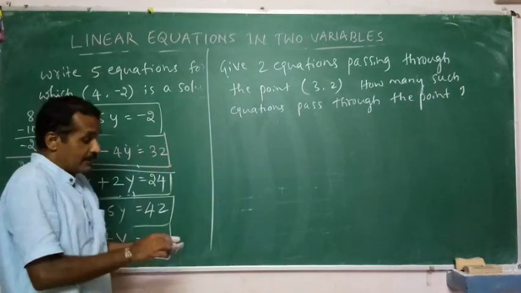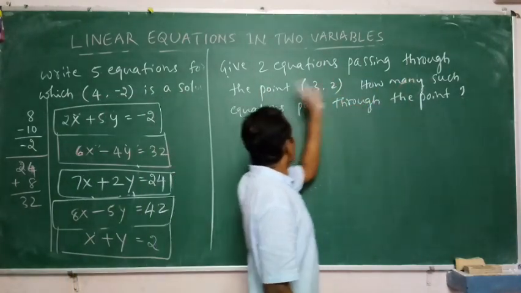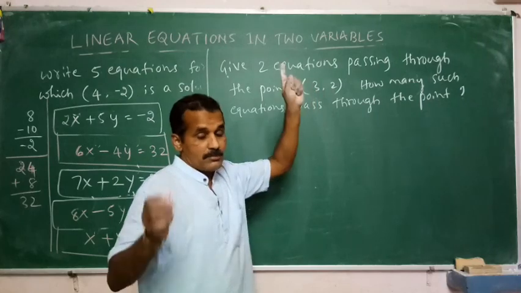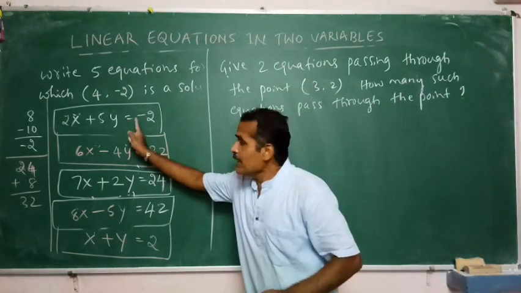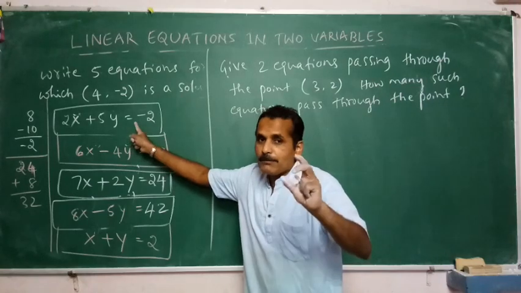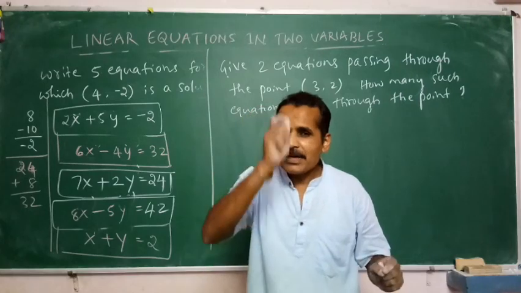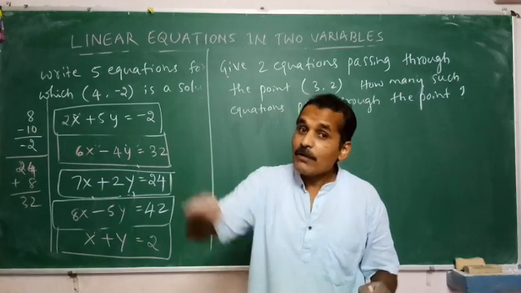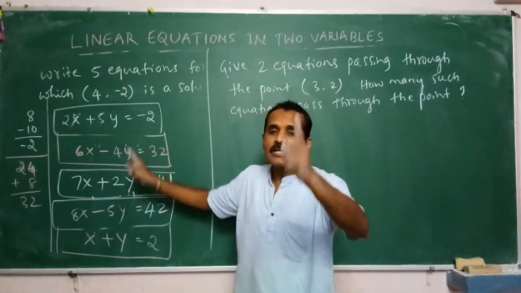Okay, listen, what does it mean? Give two equations passing through the point 3, 2. What is the meaning of this? See here, my dear children. Every equation has infinite number of solutions, and when you draw a graph, you always get a straight line graph.